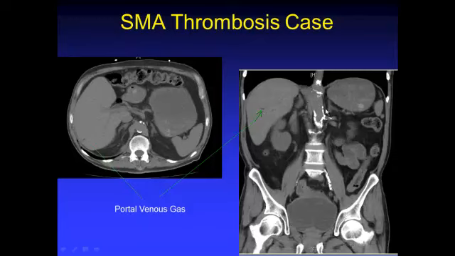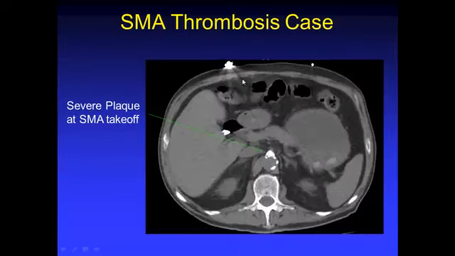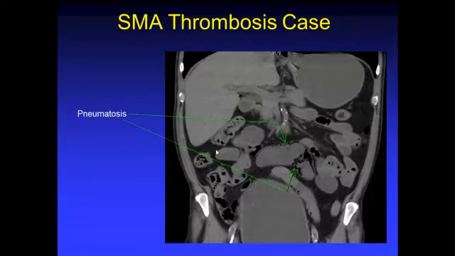You can see the evidence of significant atherosclerotic disease here in the aorta, and particularly at the takeoff of both the celiac and the SMA, there was severe plaquing here, which you can see on this non-contrast scan. So certainly a patient that's at risk for significant superior mesenteric artery thrombosis issues due to an exacerbation of his underlying atherosclerotic disease there.